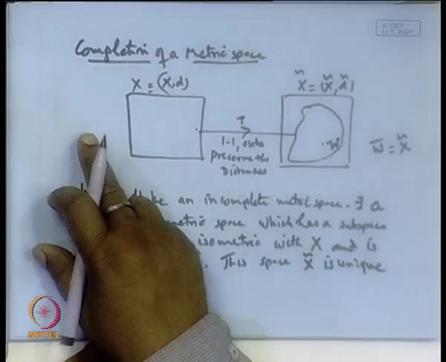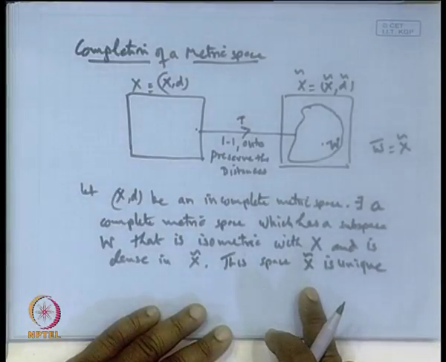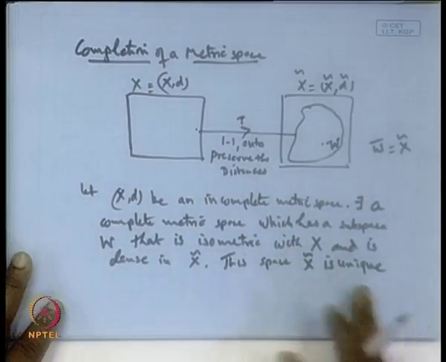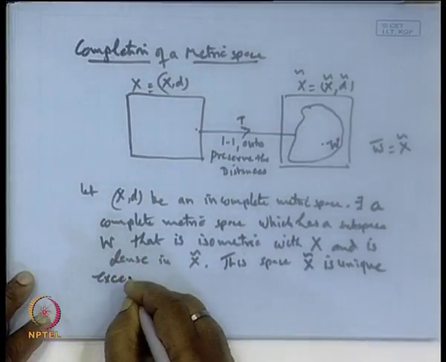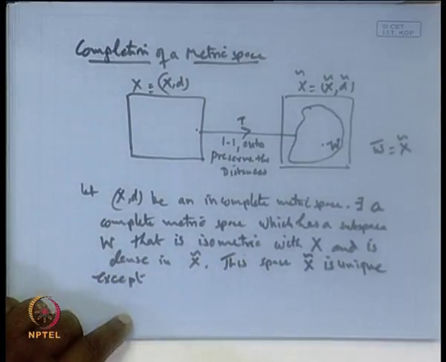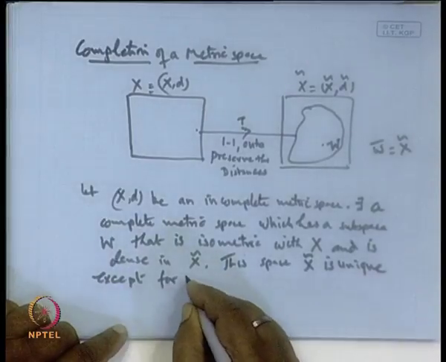Corresponding to each incomplete metric space, we get one and only one X hat except for isometries. What do you mean by this?